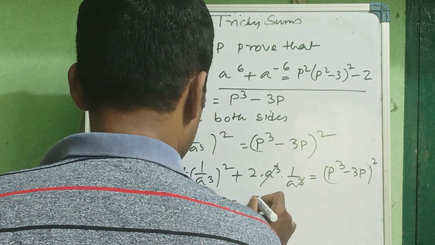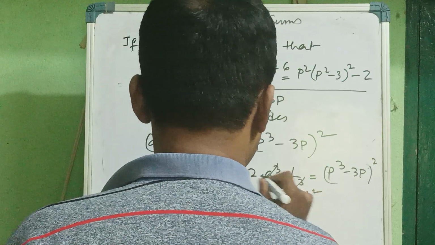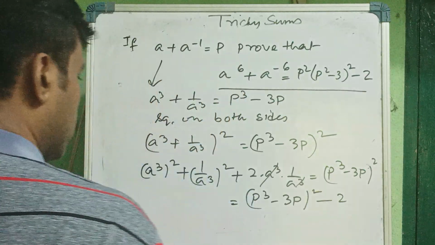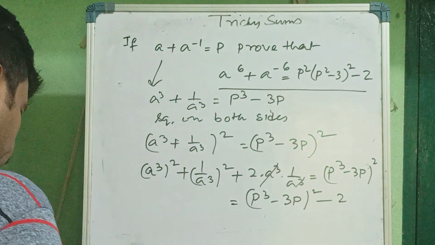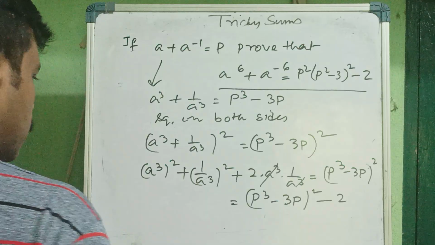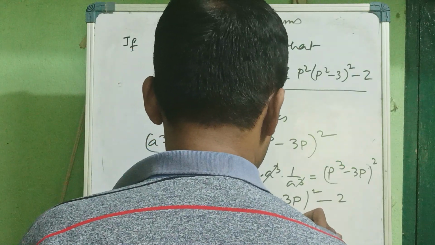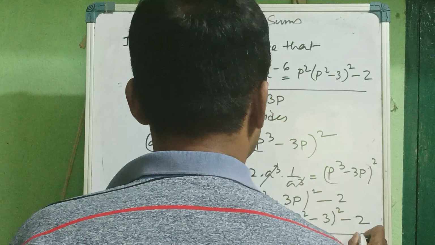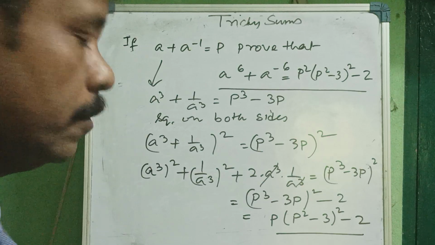Now the remaining value is p cube minus 3p whole square, and the plus 2 changes to the right side as minus 2. If you take p as a common factor from p cube minus 3p, this changes to p square minus 3 whole square minus 2. So my answer is there.